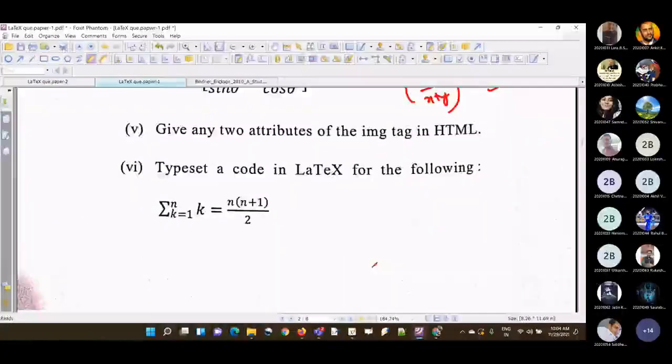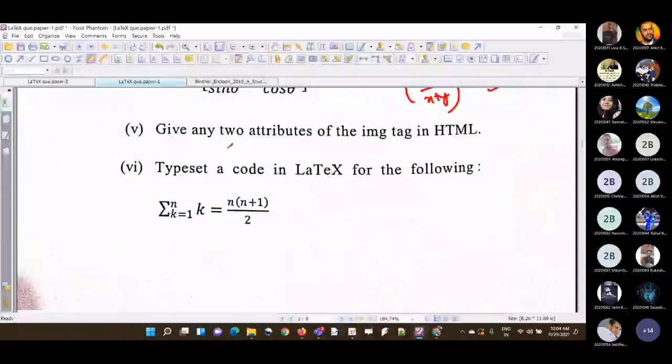One attribute is SRC, the other is height or ALT. There are two main attributes, though there are so many attributes.